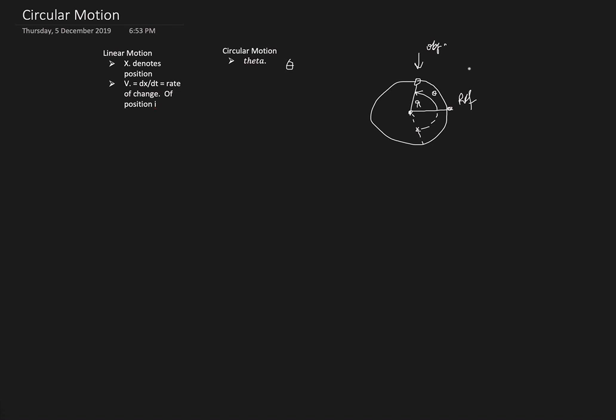So to have a complete description, we will write that this theta is anti-clockwise with respect to the reference point, that is this. So we have an object, let's make this with red, that is undergoing a circular motion, and we have correctly defined its position with respect to the green point, that is the reference point.